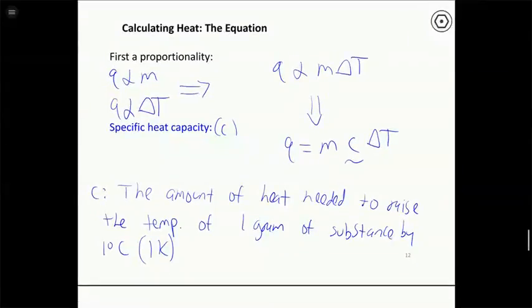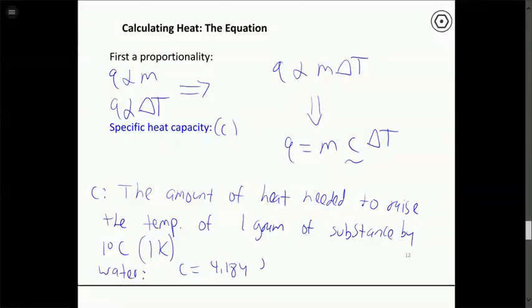The only specific heat capacity that you should memorize, the one that you're going to use all the time in this course, is that for water. So this specific heat capacity, C, depends on the substance that you're talking about. And for water, C is going to be 4.184 joules per gram Kelvin, or you can also write that as per gram degree Celsius, because again, the change in temperature is the same whether you're talking about Celsius or Kelvin.